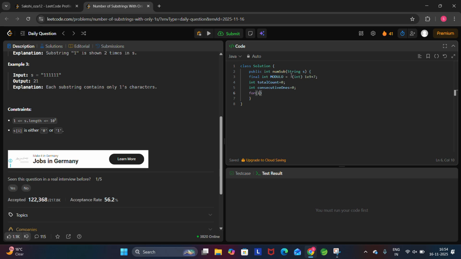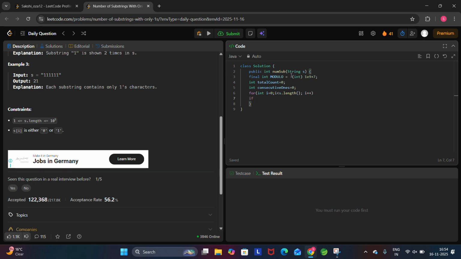For that, we are going to write a for loop, basically for int i equals 0, i less than s.length, and then i plus plus. Inside it, if the current character is 1, then we increment the consecutive count, otherwise we reset the consecutive count to 0.